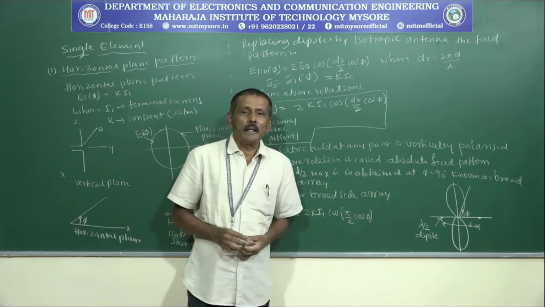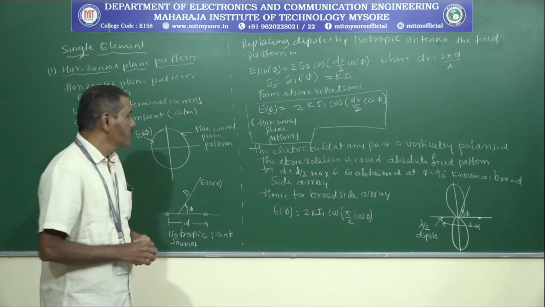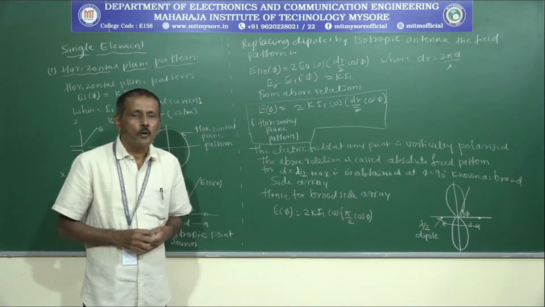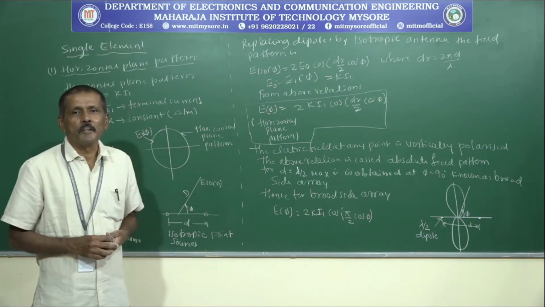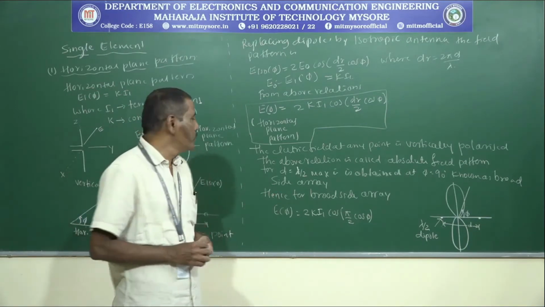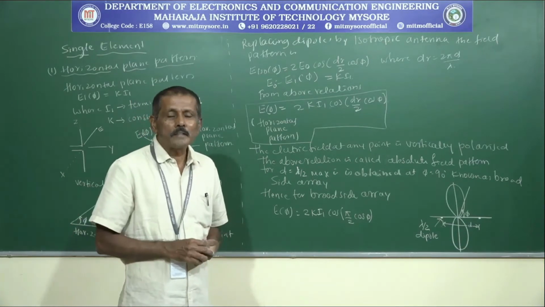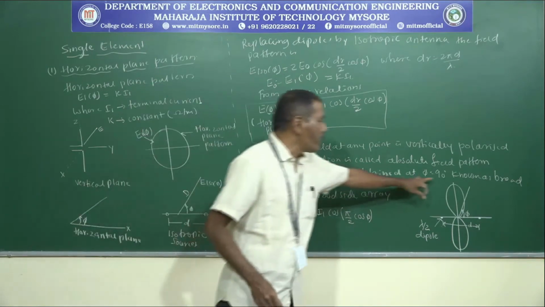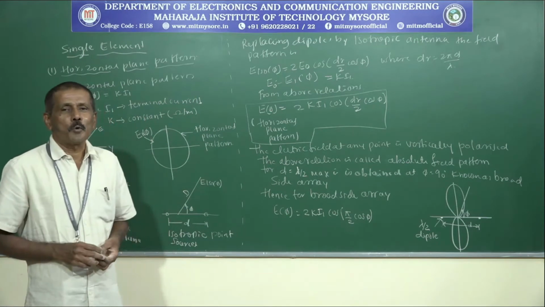Then the electrical field at any point is vertically polarized. That is, with this equation, if you draw the patterns, the electrical field is vertically polarized. So this relation is called the absolute field pattern. And for d equal to lambda by 2, the maximum is obtained at phi equal to 90 degrees, and therefore it is known as a broadside array.